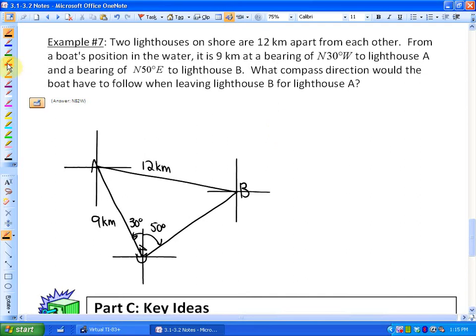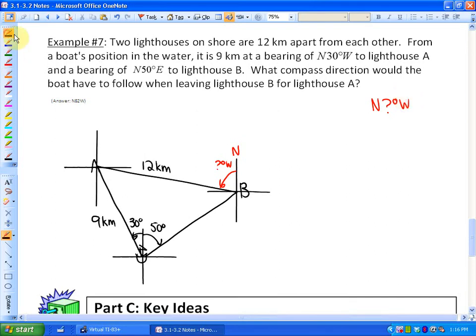So really what we're doing here is we're recognizing that probably to go from lighthouse B to lighthouse A is going to start at north and go a certain amount of degrees west. So our final answer will probably be north and something degrees west. That's my prediction based on my proportional drawing. So that's my guess. So we have some work to do. First of all, let's just start somewhere to see if we can understand what this question is asking for.